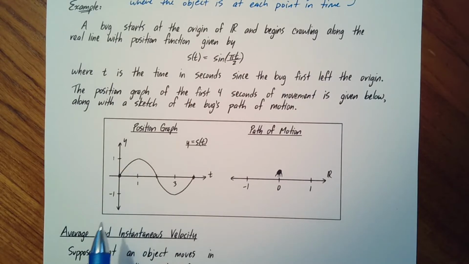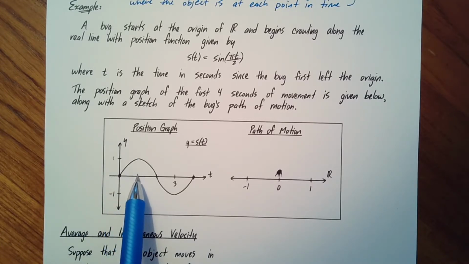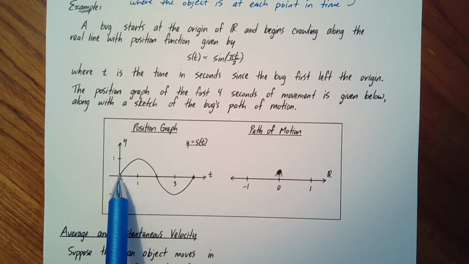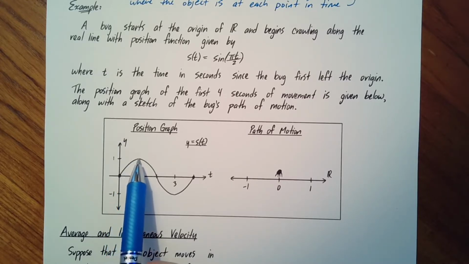So what happens in the first second of motion? Well, the first second of motion really corresponds to this segment of the graph, right, between t equals 0 and t equals 1. Once you get to t equals 1, that's the end of the first second of motion. So what's happening to the y-coordinates of the points on the graph during that first second? Well, they're increasing, right? Here the y-coordinate is 0, and as I move to the right, up to the point t equals 1, the y-coordinates go from 0 and they increase until they get to positive 1.